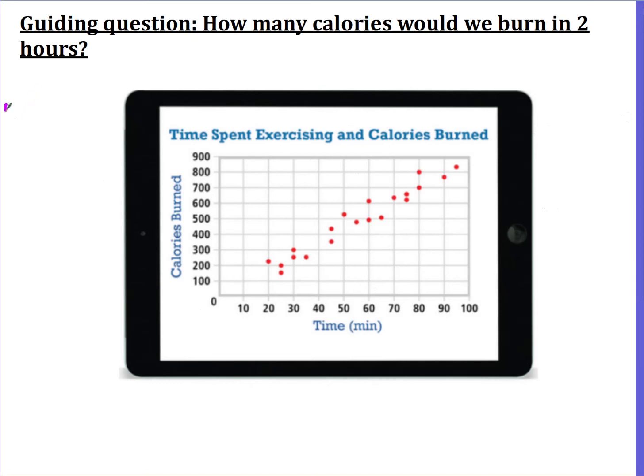That looks like it's the y variable, so let's define that: y is number of calories burned. Let's see what else we can glean. It also looks like they recorded it at random intervals, or some kind of structured intervals, but not the same interval. We've also got some data collected on x, the time in minutes.